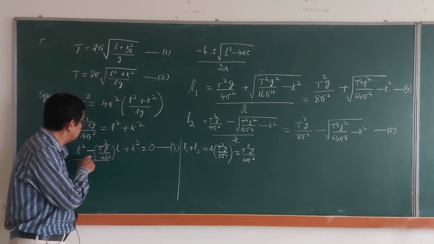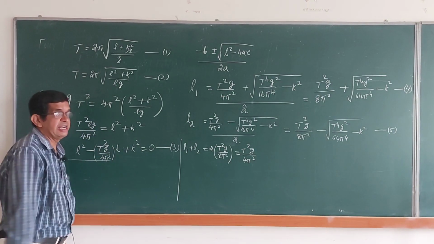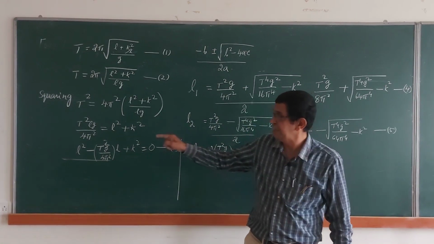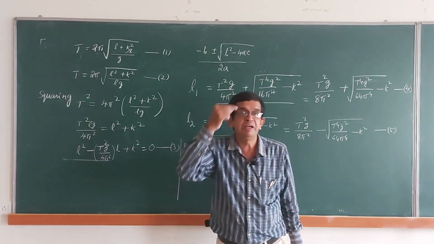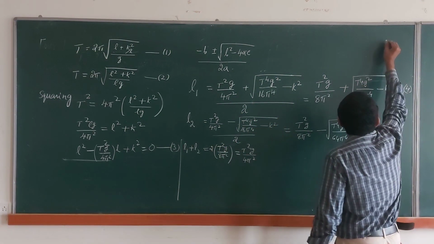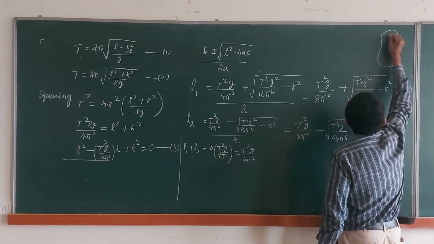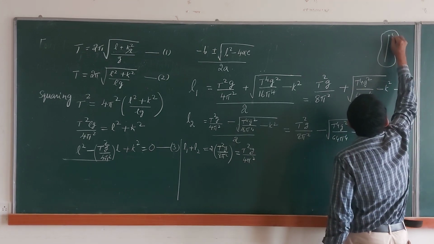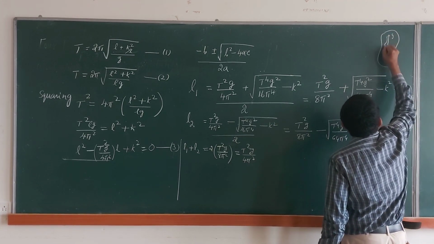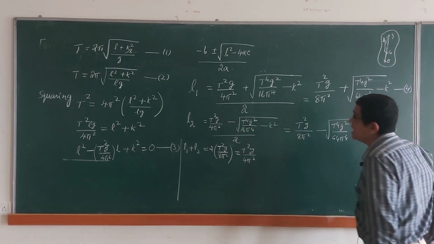Therefore, L1 plus L2 is equal to T square G by 4 pi square. Now, actually this is quadratic in L, which indicates that when you say L1 is one root of that quadratic equation, it is the distance between the center of suspension and the center of oscillation. Therefore, if this is the compound pendulum and this is the center of suspension, center of gravity and the center of oscillation, this is the first root, let us say L1.